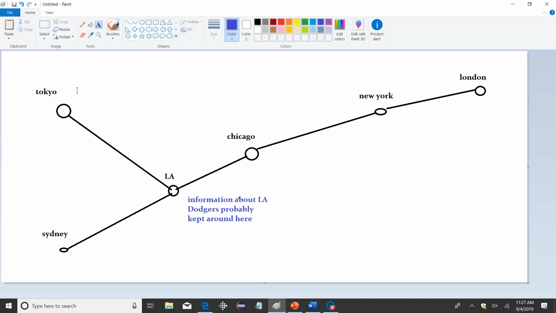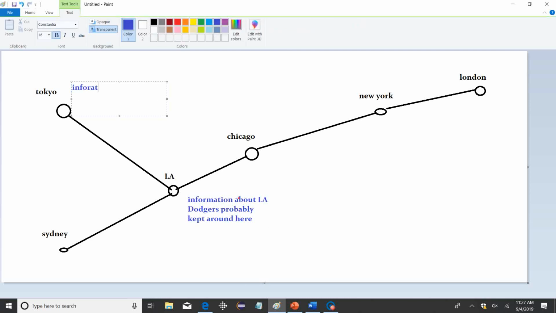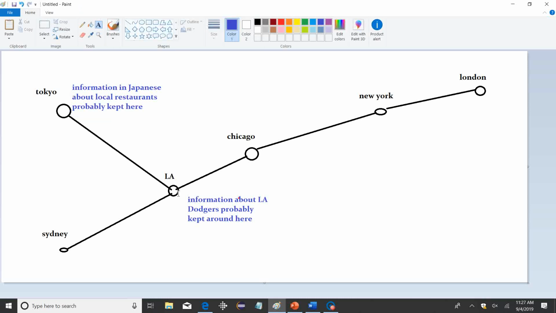And on the other hand, information in Japanese about local restaurants is probably kept here, okay? We can figure, even though baseball is kind of popular in Japan last I checked, stuff about the LA Dodgers is probably going to be overwhelmingly more popular here, especially if it's in English.